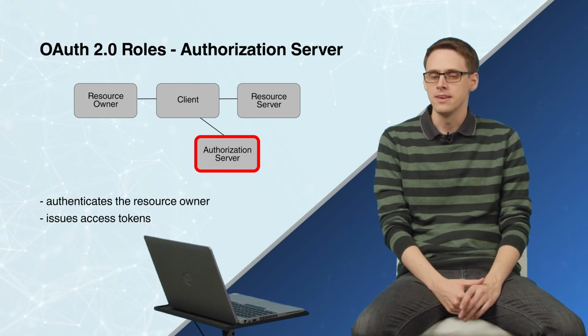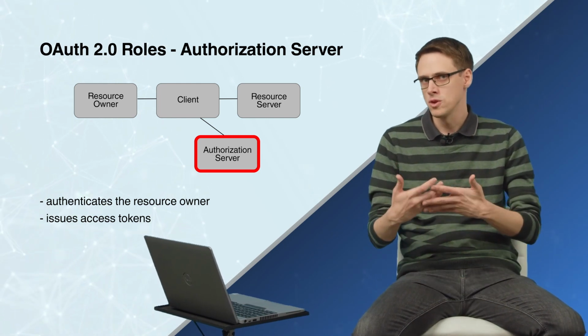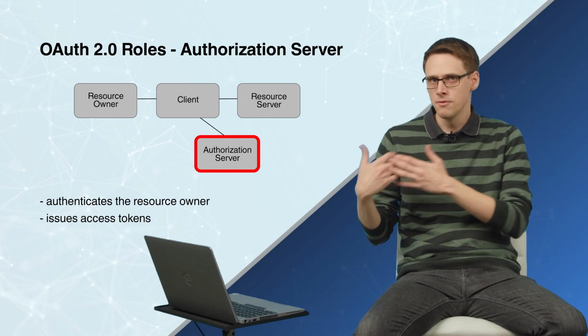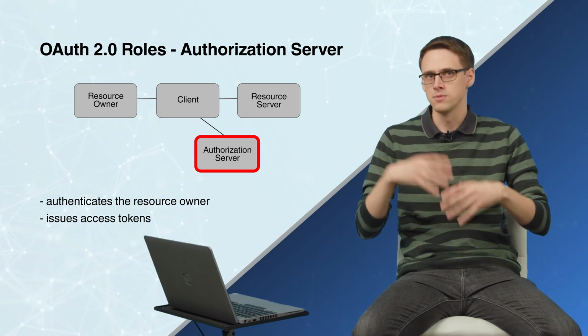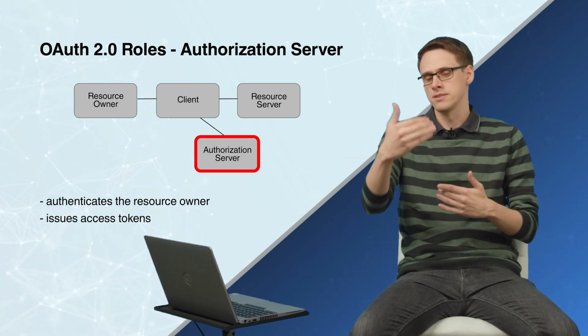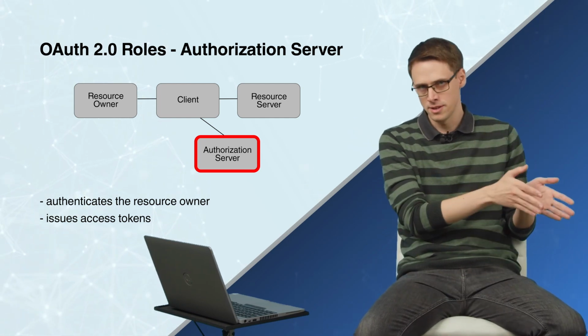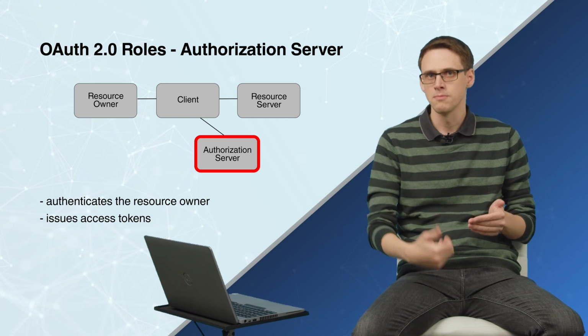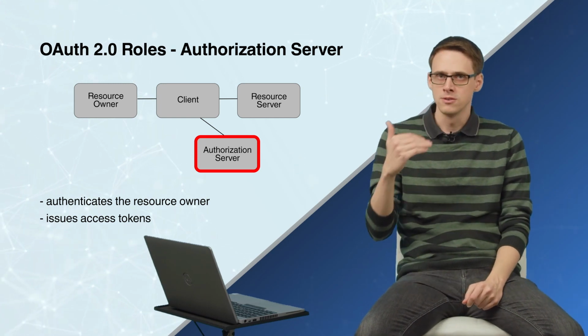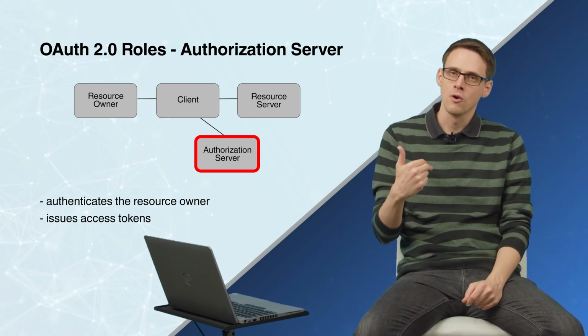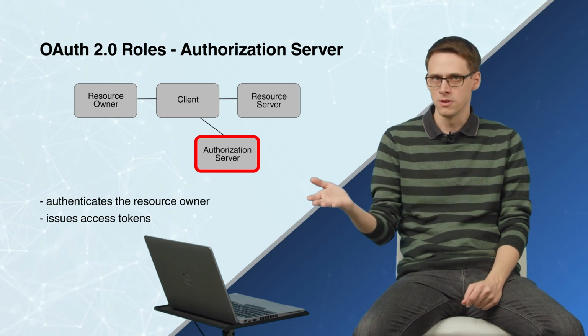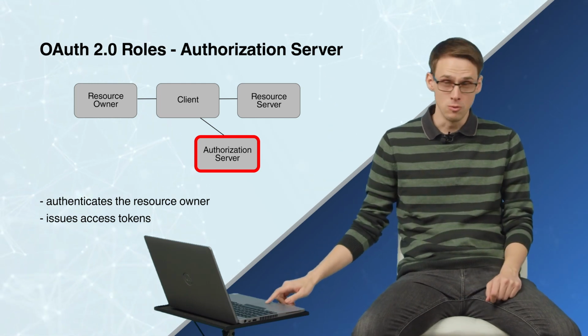This authorization server might be the same server as the resource server, or might be a different one. For example, smaller systems could combine those two, but if you have microservice architecture, you could have a central authorization server only doing the authorization part, and then the individual resource servers just getting this token and understanding it and using it to know what you can do.